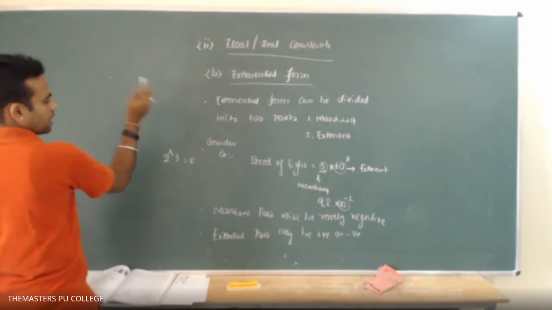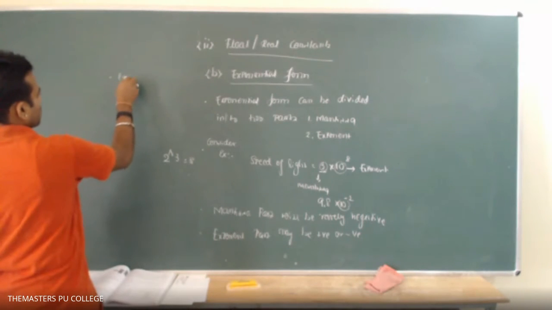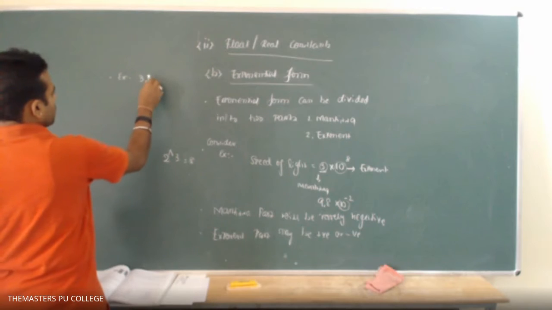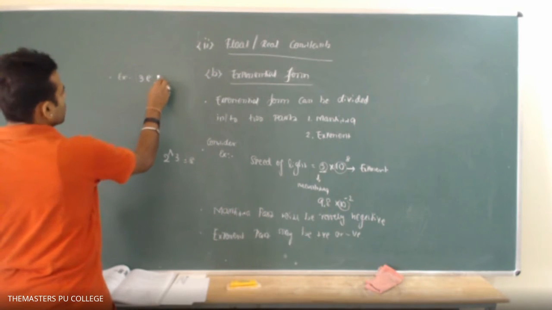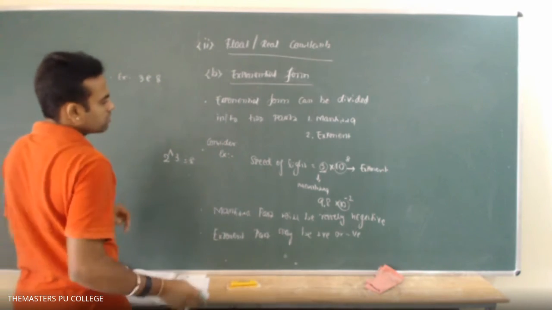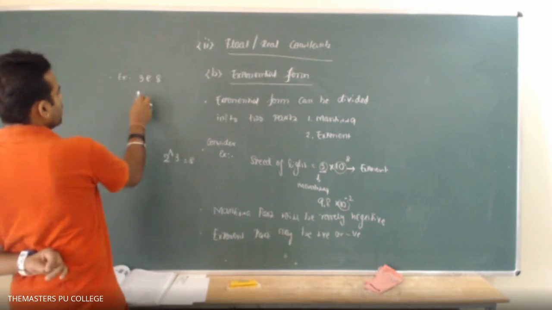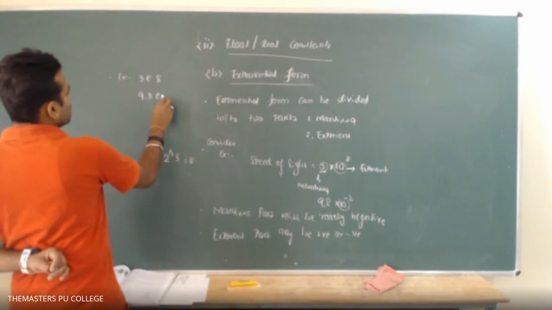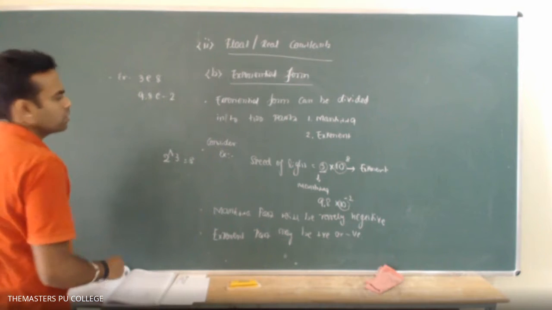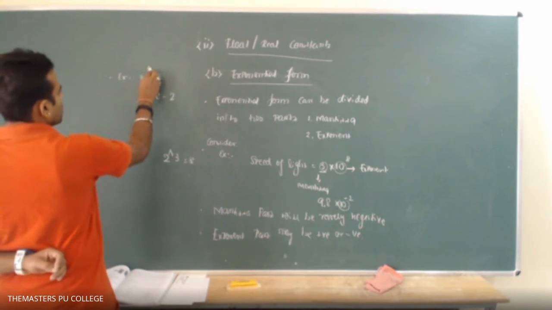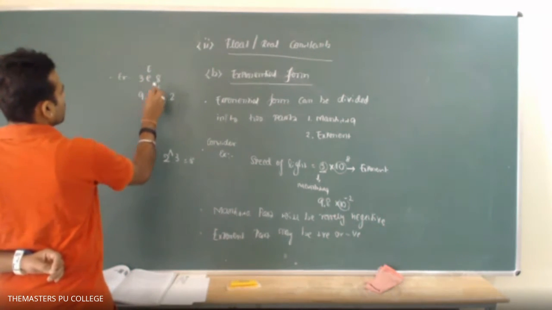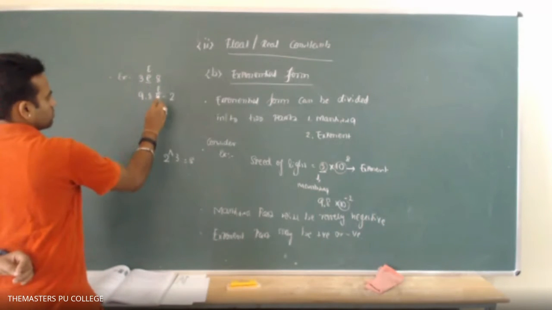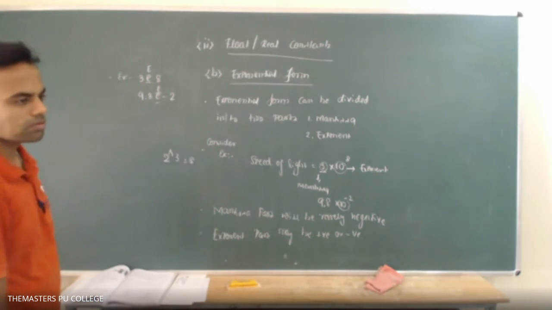Okay, let me take the same example. 3e8. Okay, and then 9.8e-2. This e may be a capital letter; either this one or this one we will use.